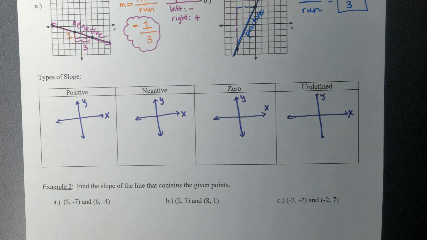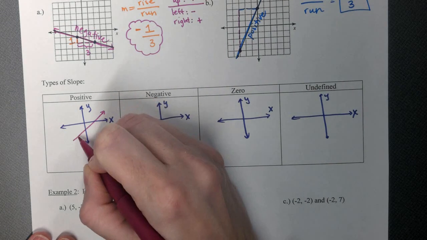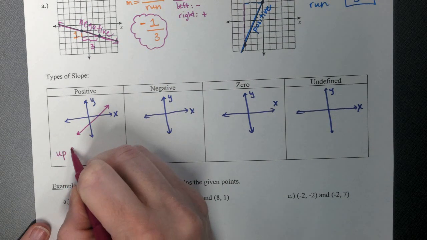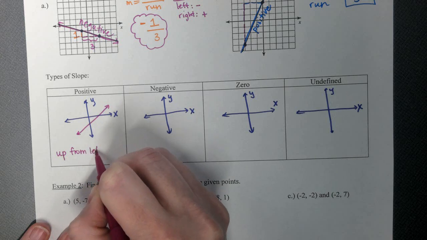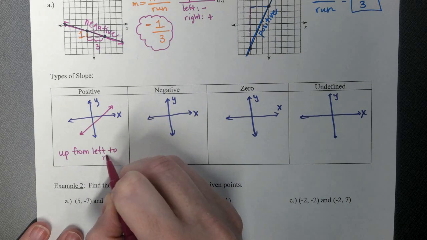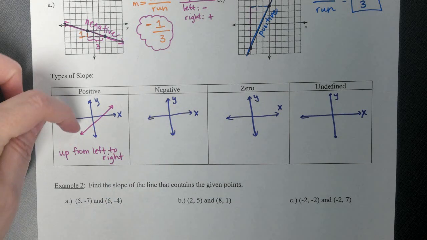Alright, so I already told you what a positive slope is. That is when you have a line that goes up from left to right. So start at the left. If it goes up, I always think of going up like a roller coaster hill.